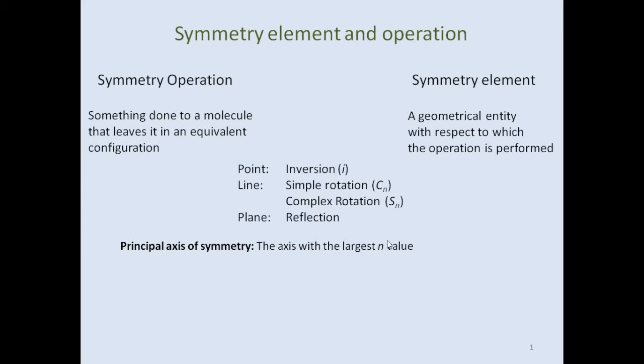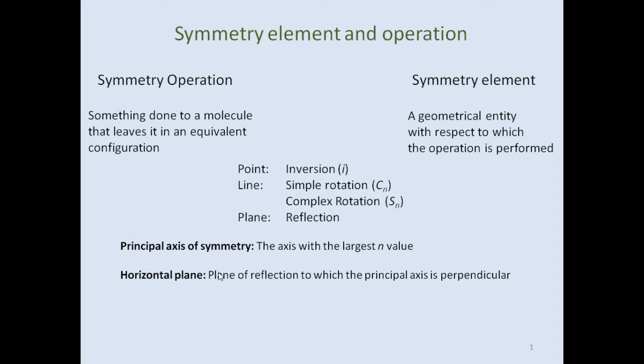If you rotate by 120 degrees, it is a C3. If you rotate by 90 degrees, it is a C4. So if a molecule has C2, C3 and C4, then the principal axis of rotation would be the one with the largest n value, that is C4, right?